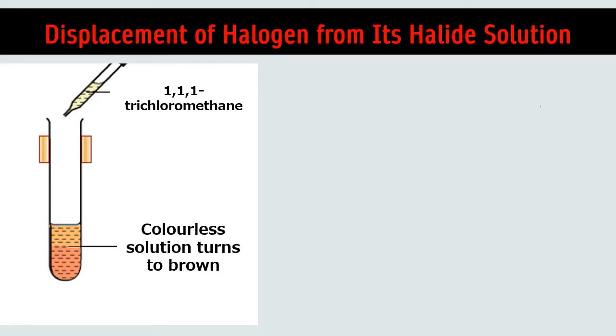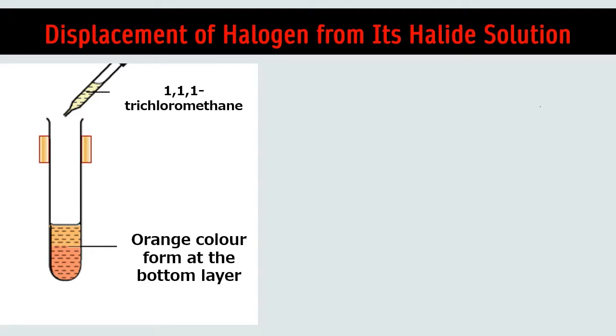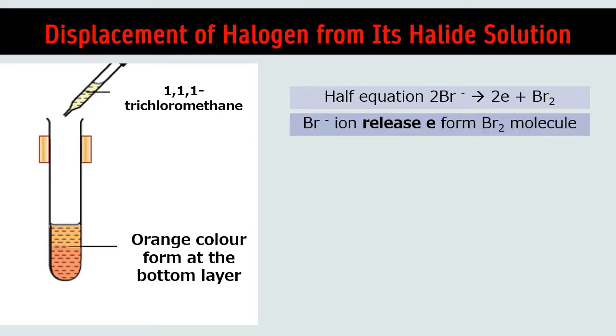Let us see what actually occurs during the reaction. As I've mentioned before, the bromide ion in potassium bromide has been releasing electrons to form bromine molecule.